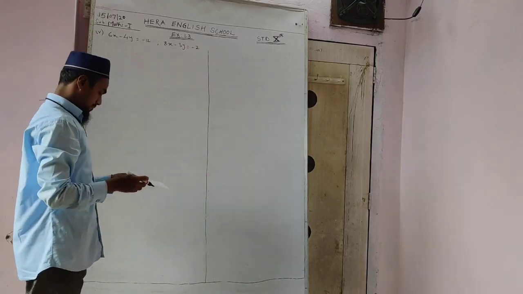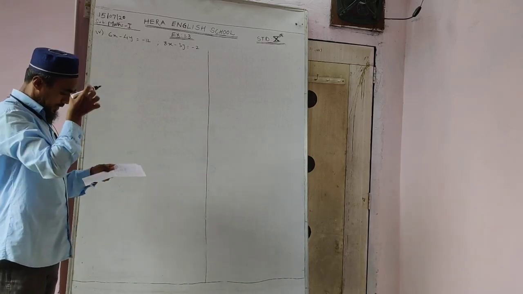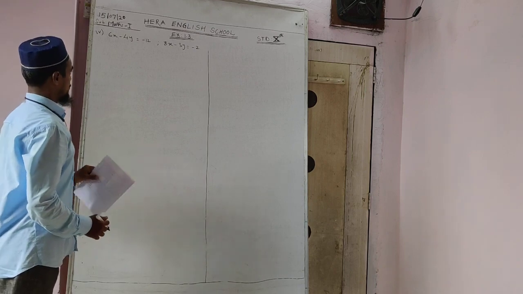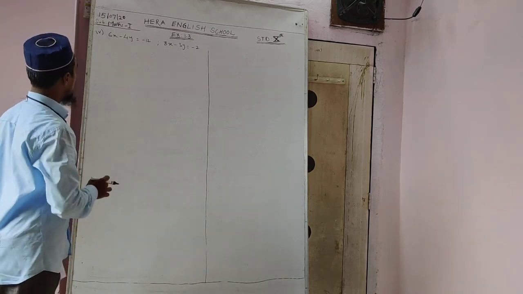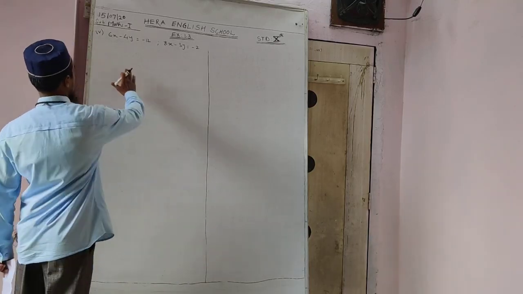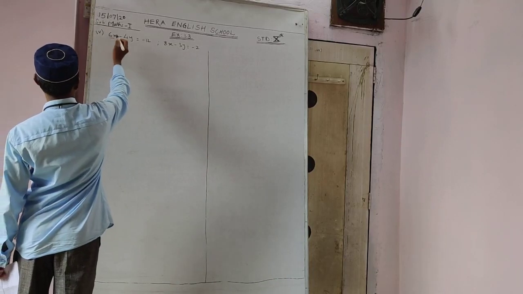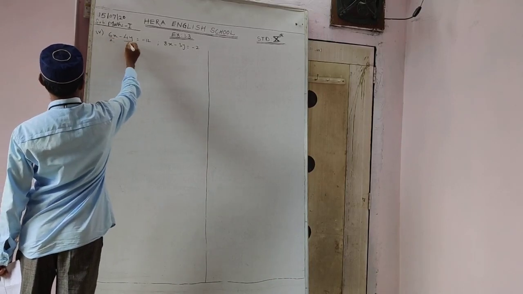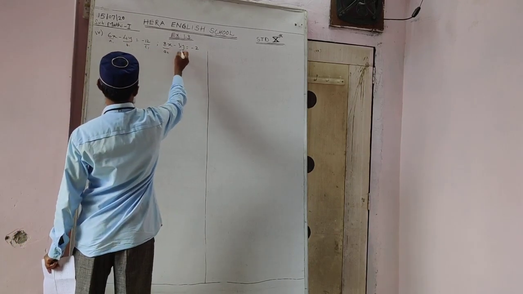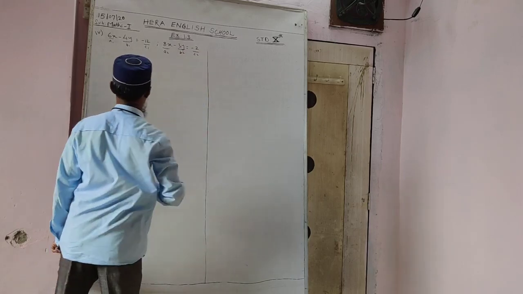Let's see the question once again: 6x minus 4y equal to minus 12, and another equation 8x minus 3y equal to minus 2. The equations are already clear in the form of ax plus by equals c. Here we have a1, b1, c1, and a2, b2, c2.